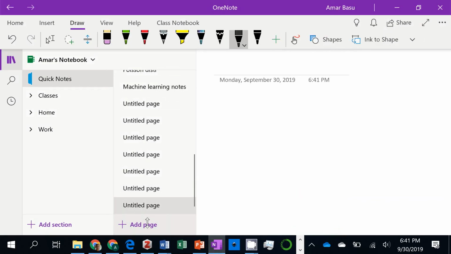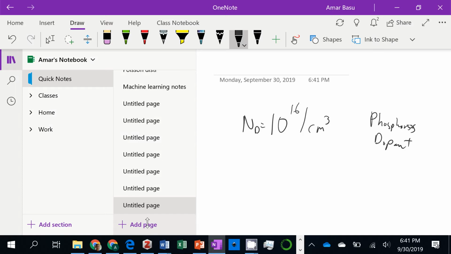Let's just say Nd is equal to 10 to the 16th per centimeter cubed. That means phosphorus dopant at 10 to the 16th per centimeter cubed. What is the electron concentration there? 10 to the 16th per centimeter cubed. Exactly. N0 is equal to 10 to the 16th per centimeter cubed.